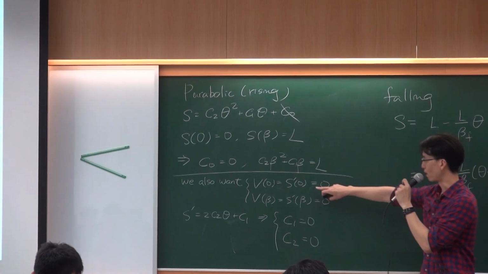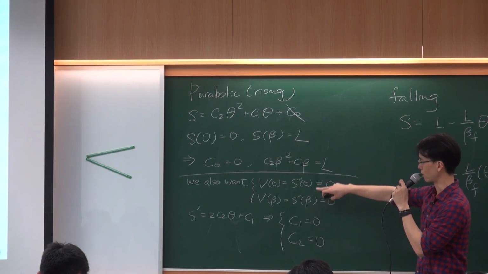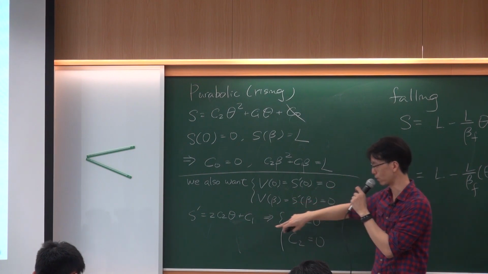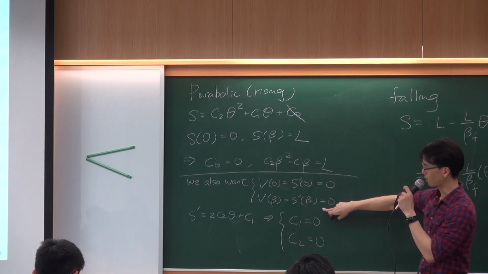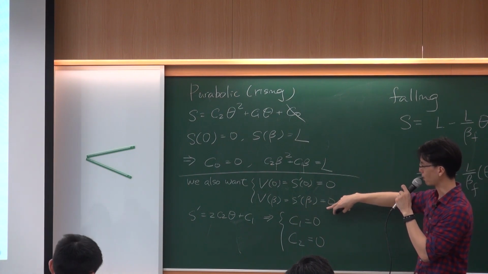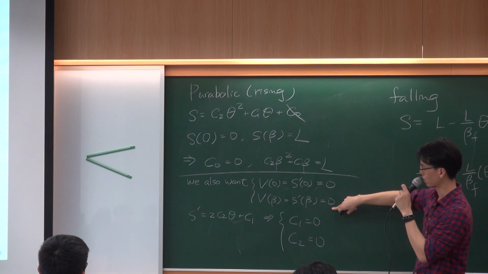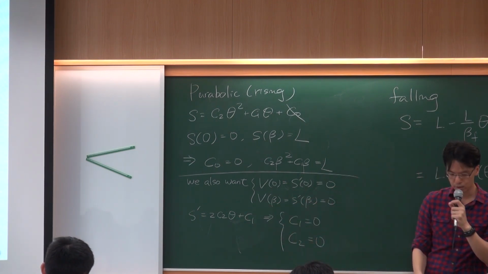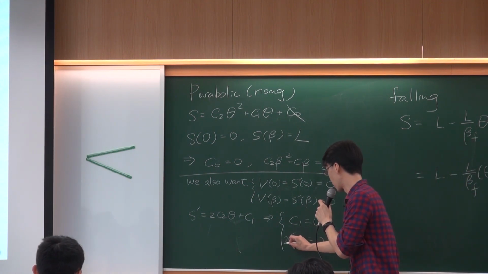For s prime 0, you substitute 0 into this equation, so you get c1 equals 0. For the second condition, s prime beta equals 0, then you will get 2c2 beta equals 0. So that means c2 is 0. Write it.